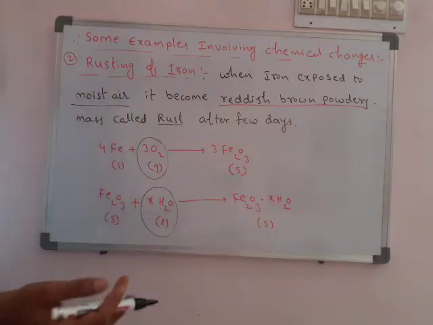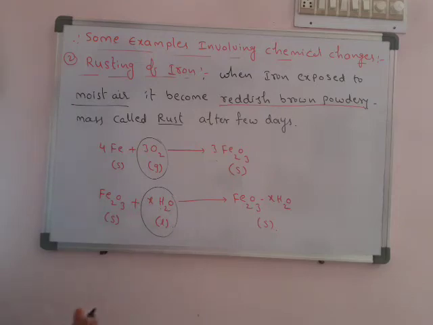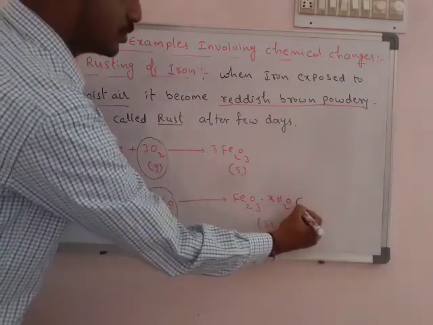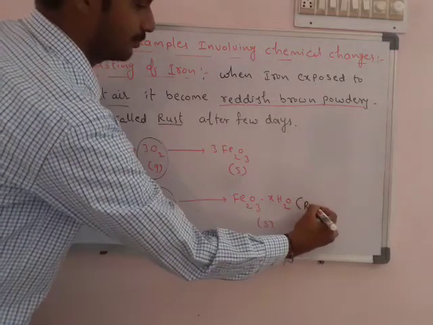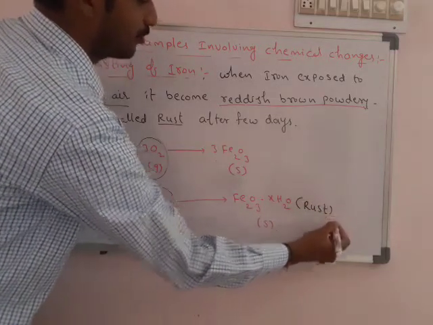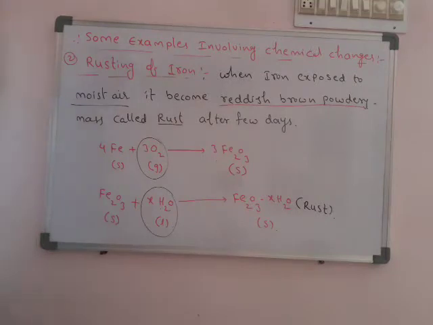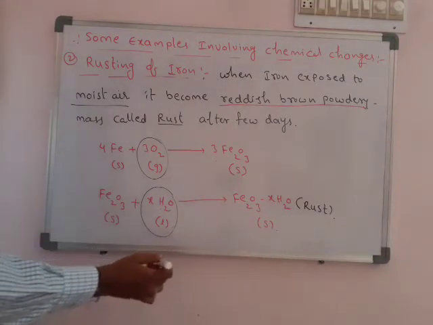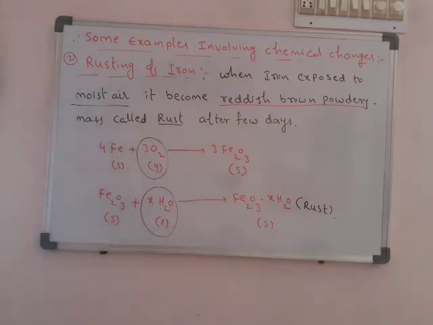Some percent of moisture is present in any air, so it forms hydrated ferric oxide. This is treated as rust. The formula of rust is Fe2O3.xH2O.